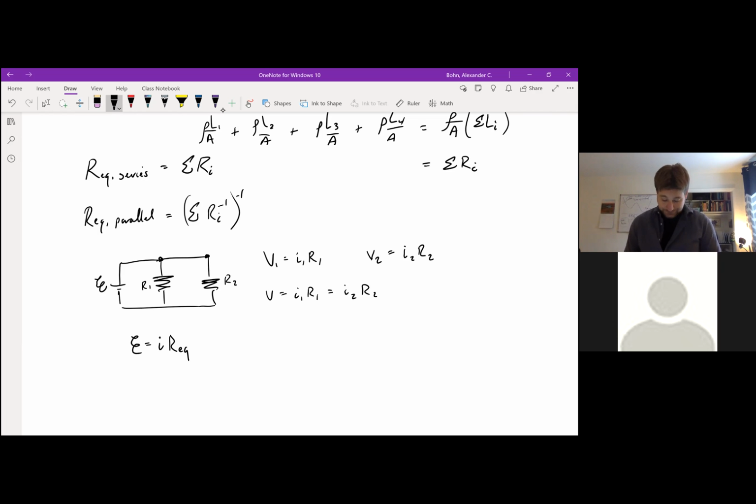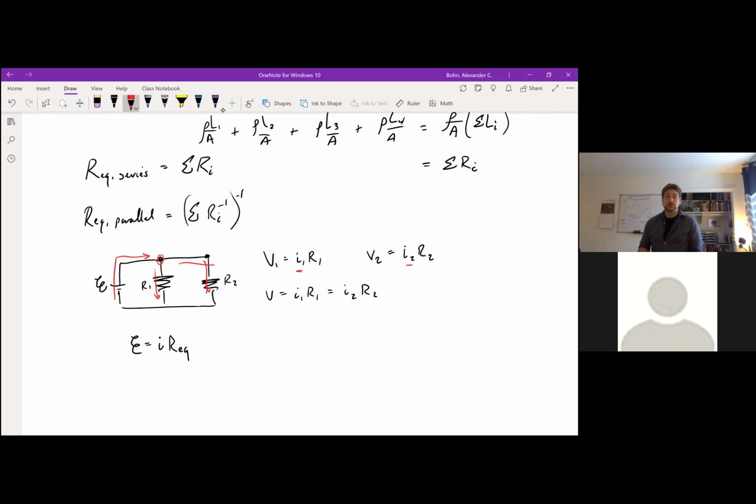Now, the current through the battery gets to this junction and splits. Some current is going through resistor R1, this much. Some current goes forwards and goes through resistor R2, that much.